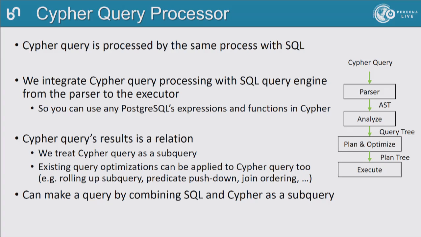And any query optimization techniques applied for SQL can also be applied to Cypher. This is a huge value from using the relational engine. And this is possible because the result of a Cypher query is also a relation. We treat a Cypher query as a subquery so that after the analyzing phase, Cypher and SQL are identical and processed through the same logic.